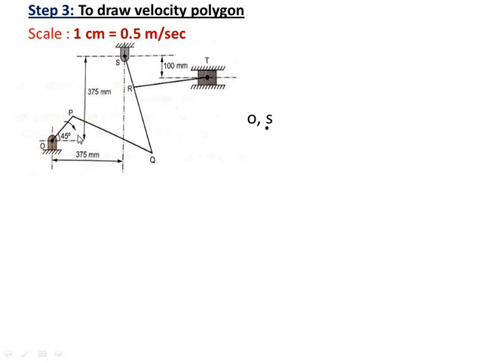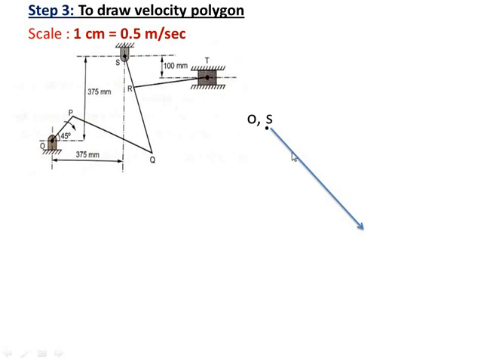Link OP is moving in a downward direction. So its velocity vector will be in a downward direction. If this link is moving in an anti-clockwise sense, it means it is moving up. So in that case, its velocity vector will be upward. So the velocity vector of OP should be drawn from O, perpendicular to OP in the downward direction.